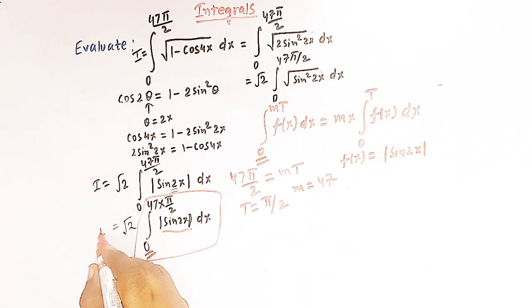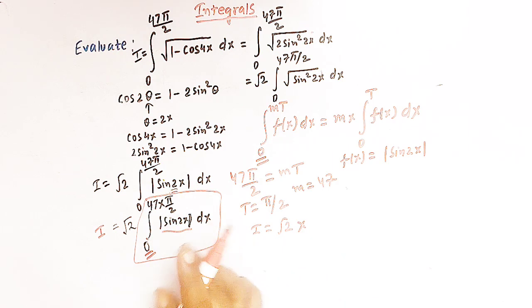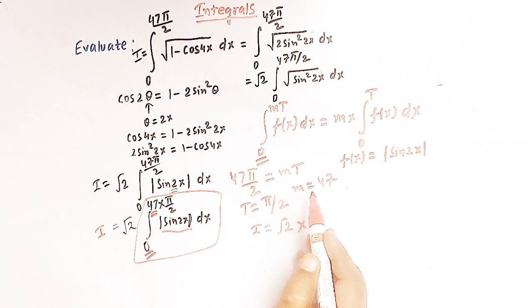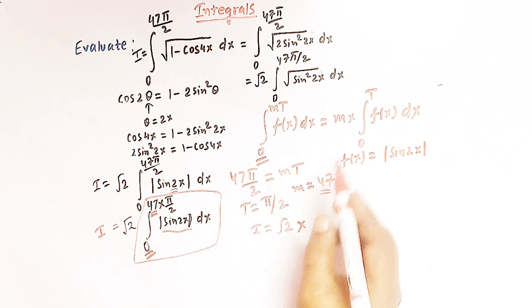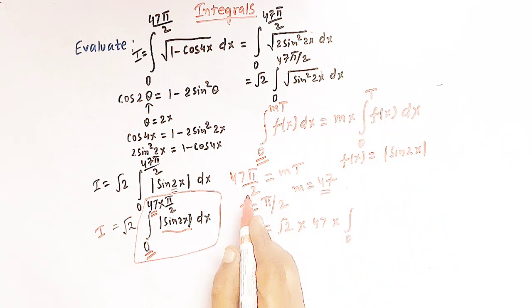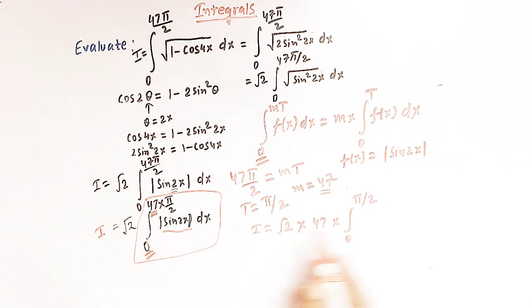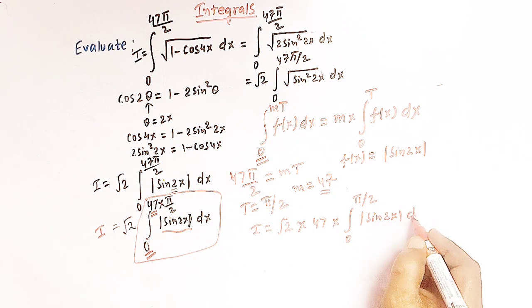So the value of I is now equal to square root of 2 times m, that is 47, and then the integral from 0 to T, where T is pi by 2 and f of x is mod of sine 2x.